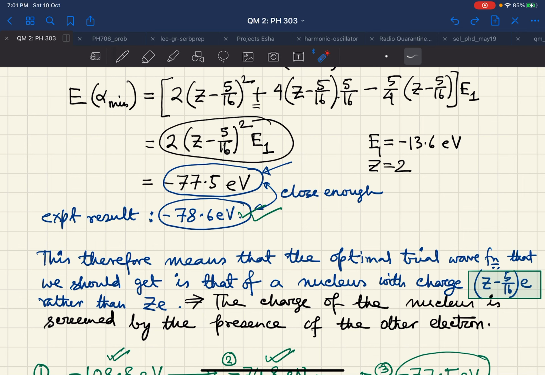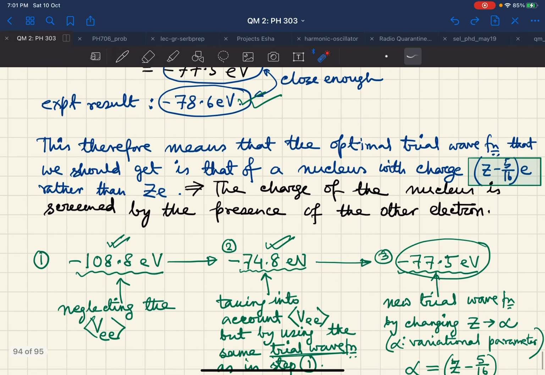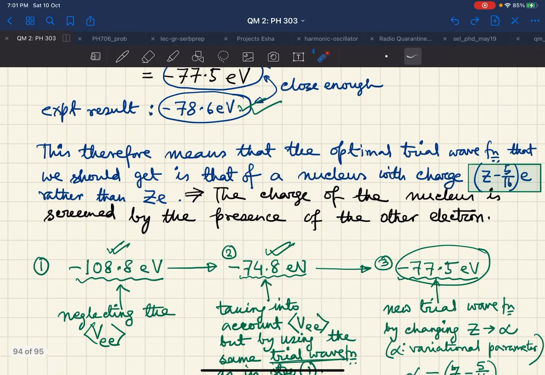Now let us very briefly go over the three different steps that we have followed. First, we calculated the ground state energy estimate for the helium atom by neglecting the electron-electron repulsion term, and we obtained minus 108.8 electron volt.